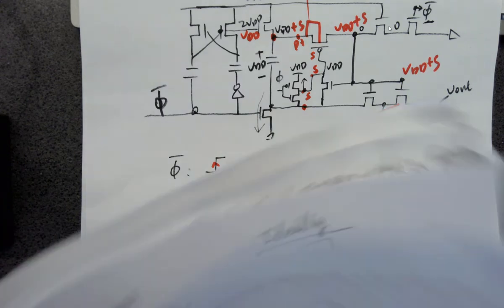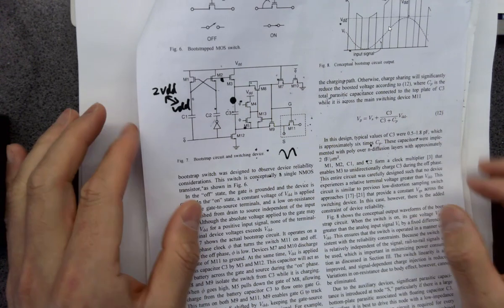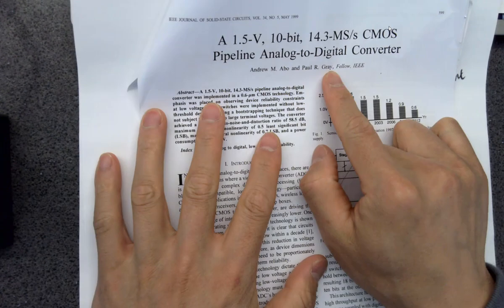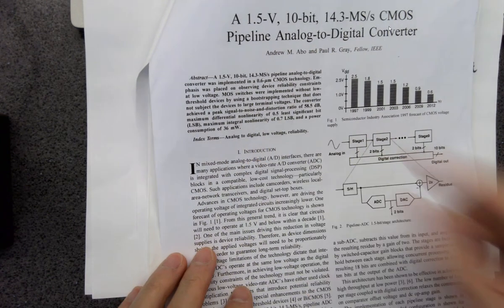So that is why when we are looking at this very famous article published by another really successful electrical engineer, Dr. Gray in UC Berkeley, this is probably his postdoc work.